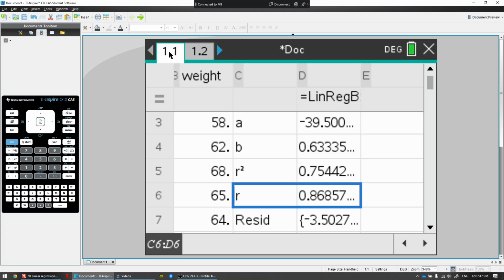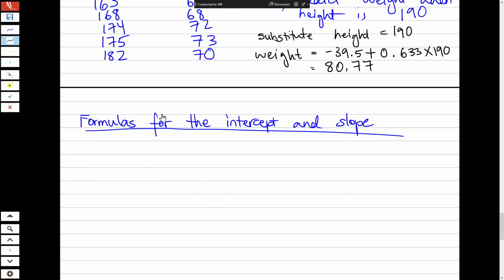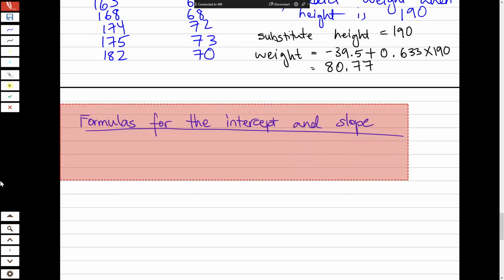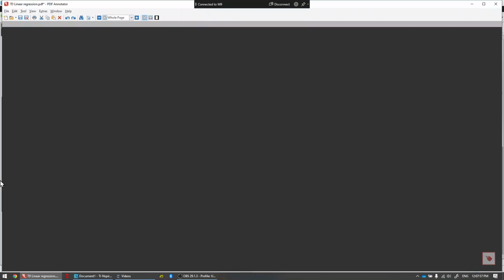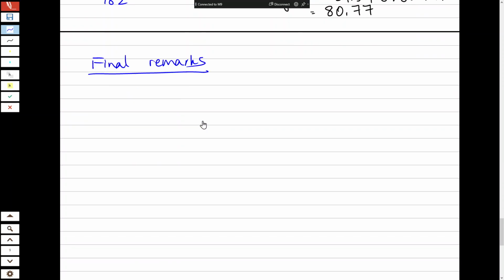So remember, correlation coefficient is R. So you don't need to title it that.